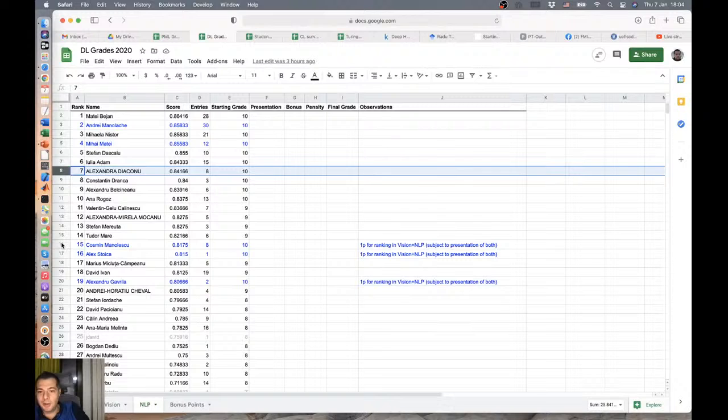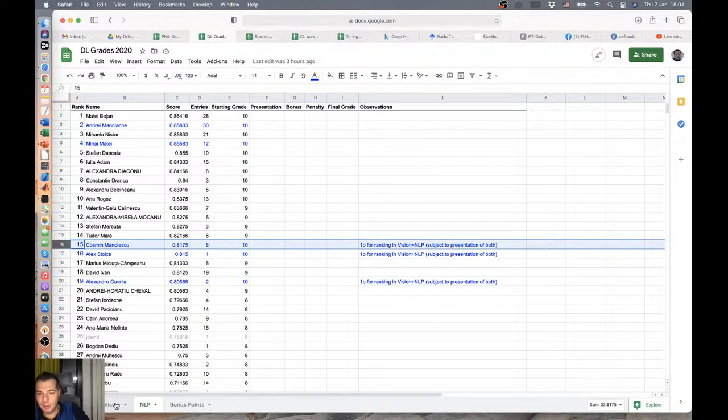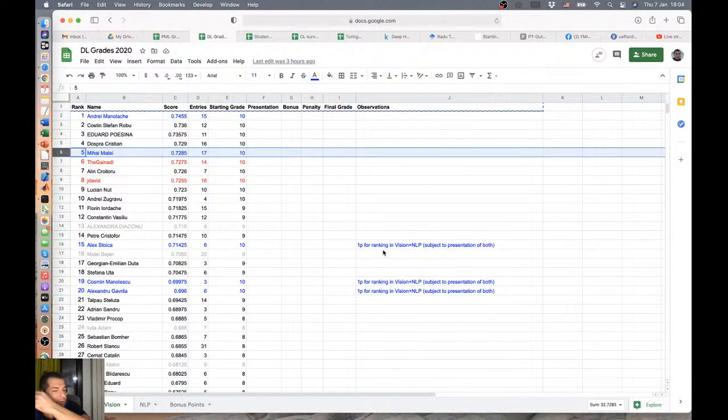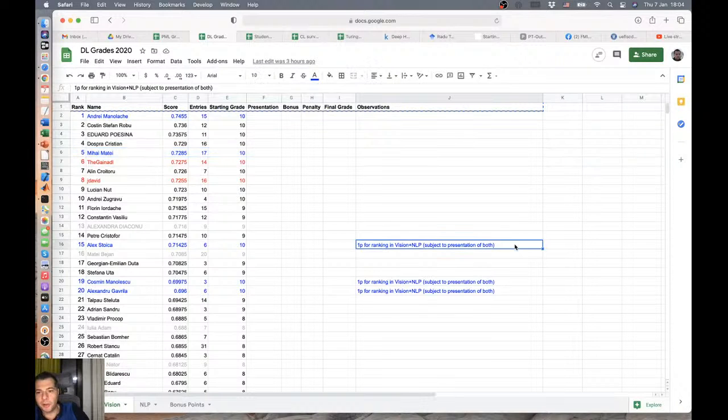And for these, they are in rankings between 10 and 20 in both rankings, so this means that they get an extra point. But they still have to decide. These guys that get an extra point have to present both projects.